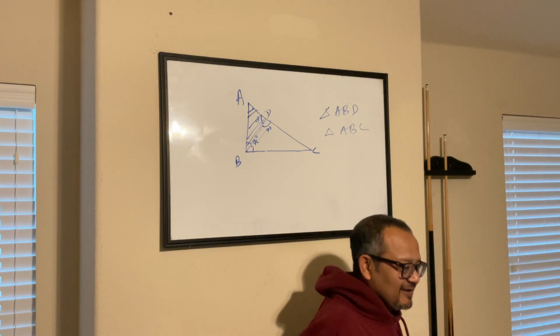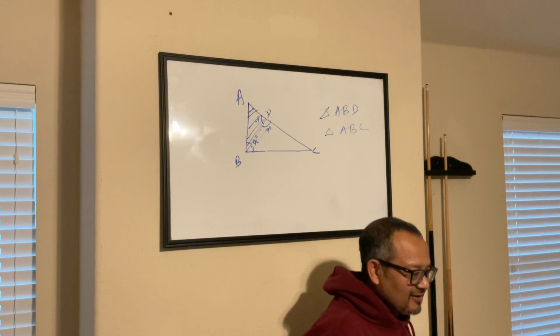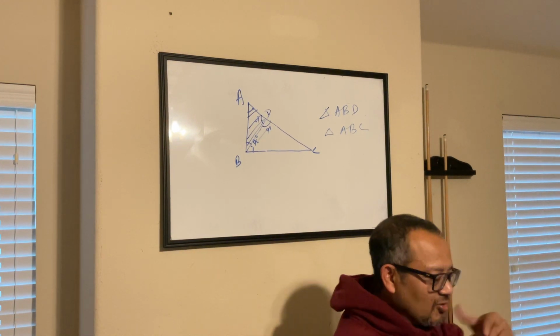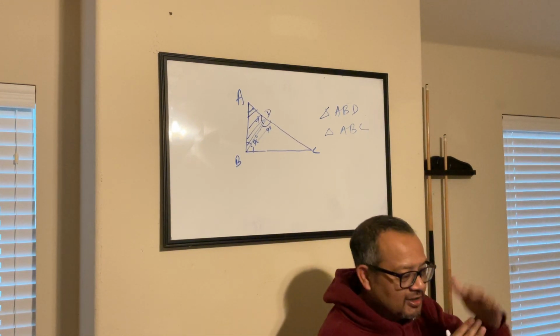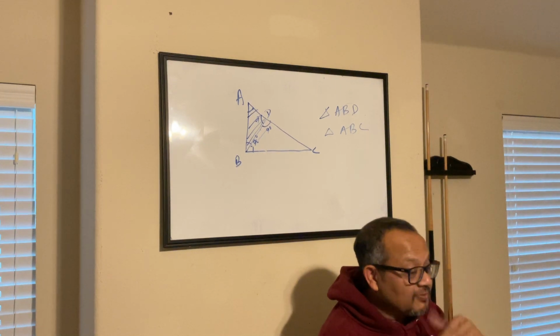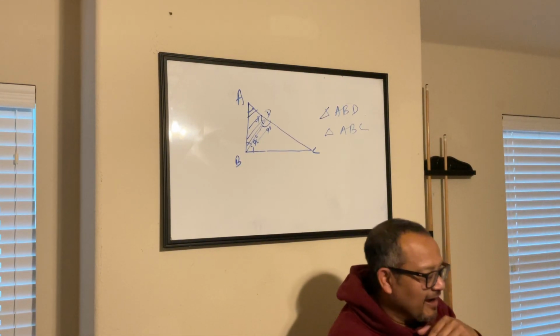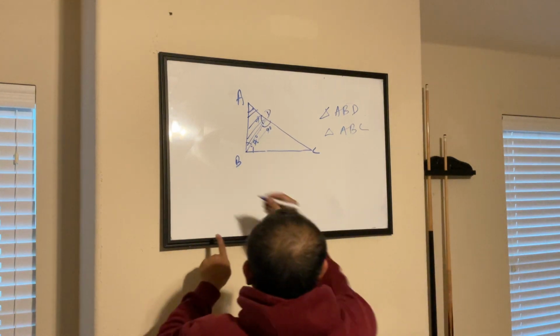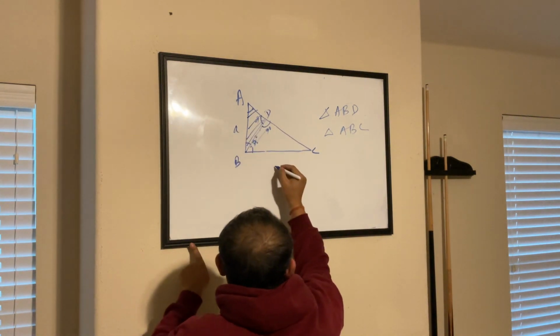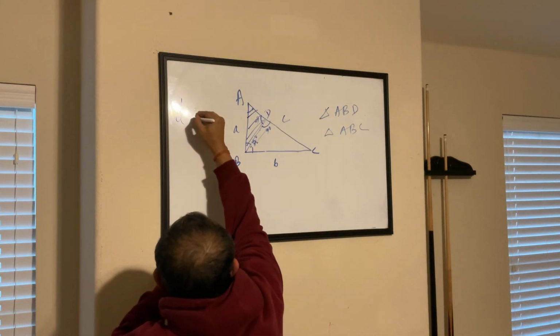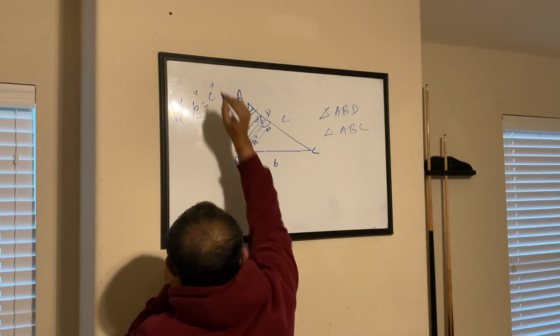So, doesn't a square plus b square have to be equal... Hold it. No, hold it. That's what we are trying to prove. Our goal is to prove, if this is A, this is B, and this is C, that A square plus B square equals C square.